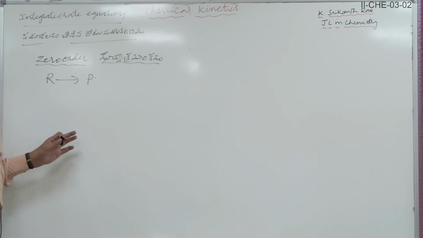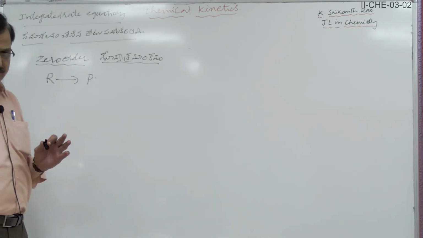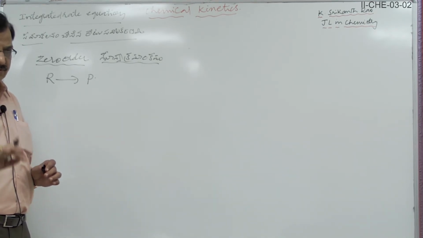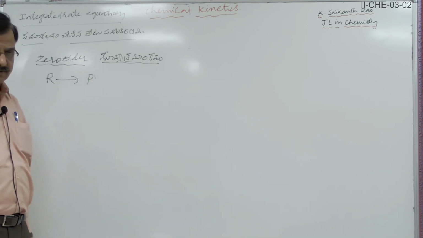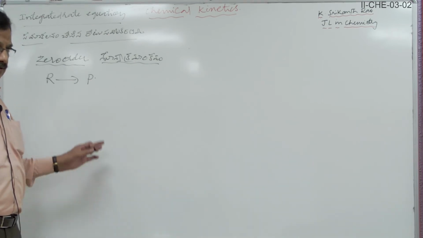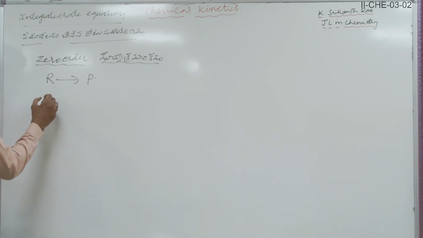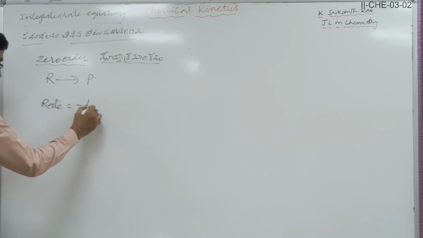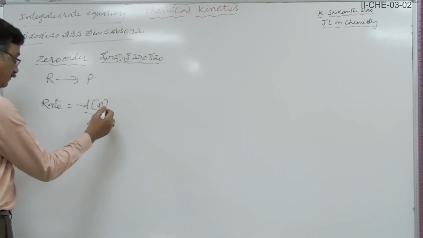Rate of the reaction directly proportional to concentration, where the power of the concentration, right? Power of the concentration is 0. శూన్య క్రమాంకం అంటే అది గాఢత, ఈ క్రియాజనకాల గాఢత శూన్యంగా ఉంటే దాన్ని మనము శూన్య క్రమాంకం అని అంటాం. సో rate of the reaction, rate is minus dR by dt, right?